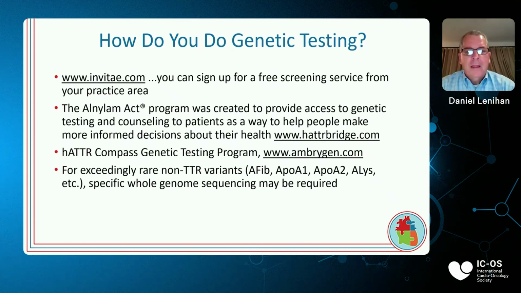www.ambrygen.com. And then lastly, if you go back to the first slide that I showed you, most of the time we have to consider AL or ATTR, but when there's the possibility that all the other very rare mutations are present, you're probably going to have to do whole genome sequencing to really accurately test for a genetic mutation.